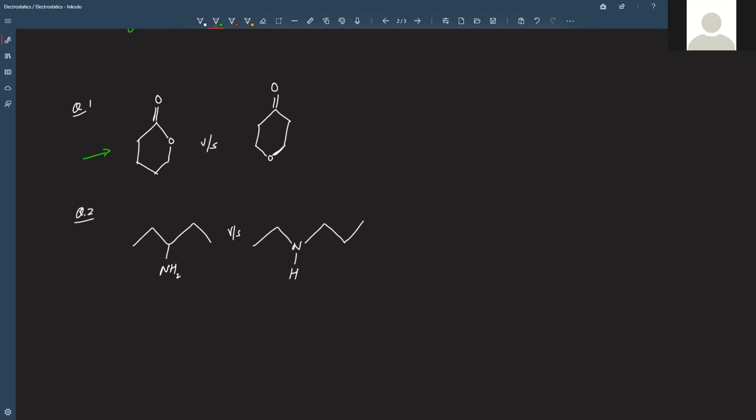CH3COO. Anhydride. Is it anhydride? No, I don't think so. In anhydride, there will be two double bond O, two carbons should be there. Not anhydride. CH3, C double bond O, CH3.